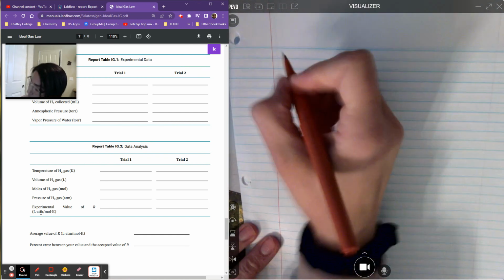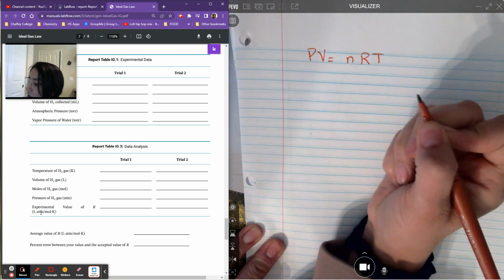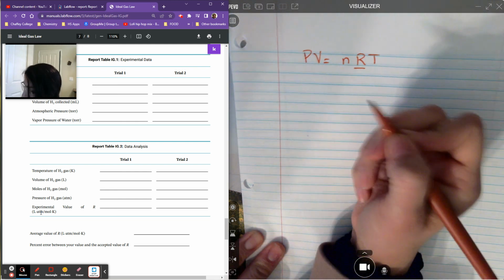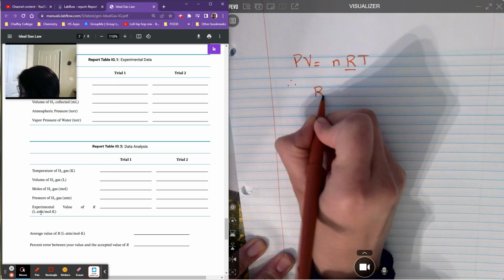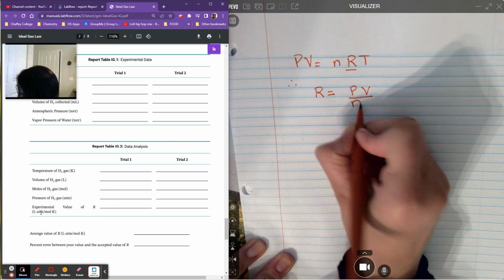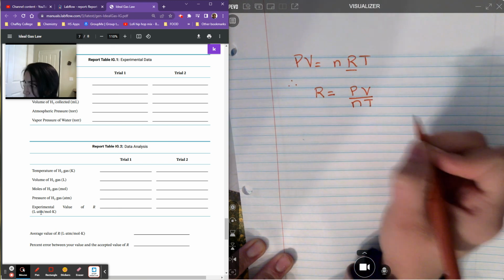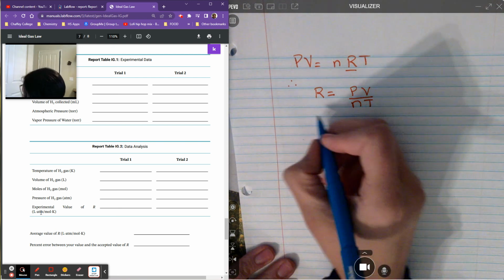PV is equal to nRT, we are going to be solving for R. Therefore, R is equal to PV divided by nT.